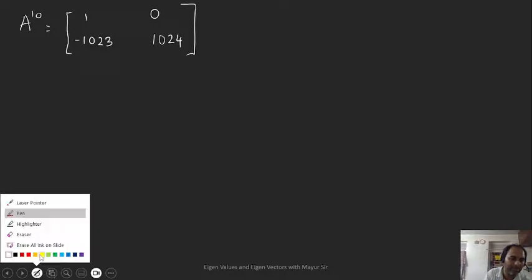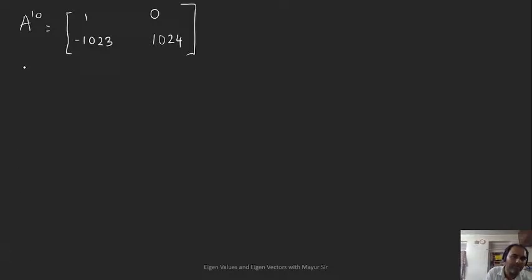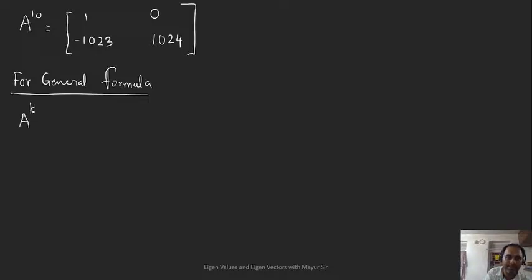For the general formula, let us do this. What you need to do is write A raised to k is equal to P D raised to k P inverse.